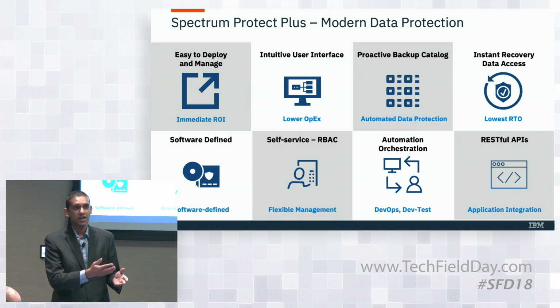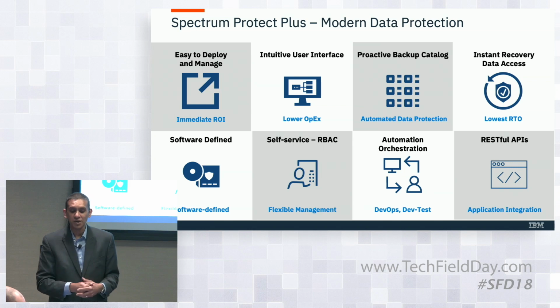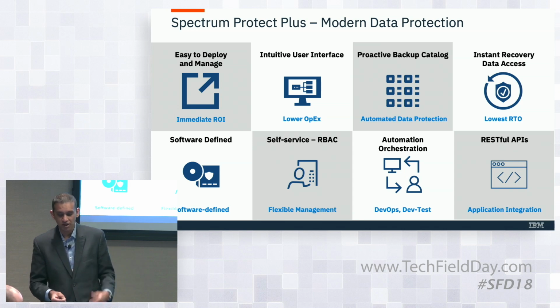I want to use my tools that have REST APIs to work with your tools, so it makes life easy for me. So Spectrum Protect Plus day one was built with REST APIs in mind. When I go through the demo, all the operations in the UI are using those same REST APIs to the back end. So if you want to plug into any other product with the REST APIs, you can easily do so.